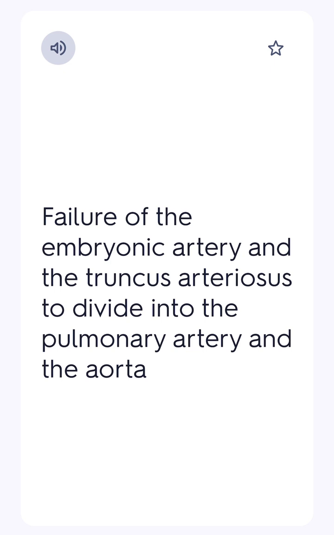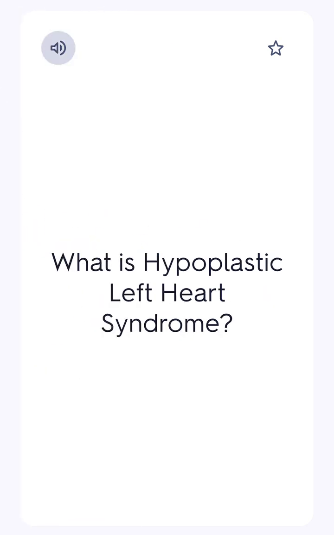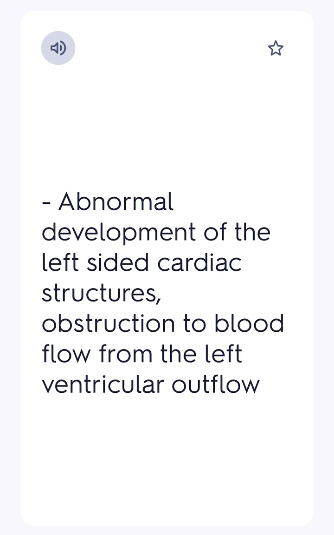Failure of the embryonic artery, the truncus arteriosus, to divide into the pulmonary artery and the aorta. What is hypoplastic left heart syndrome? Abnormal development of the left-sided cardiac structures, obstruction to blood flow from the left ventricular outflow.